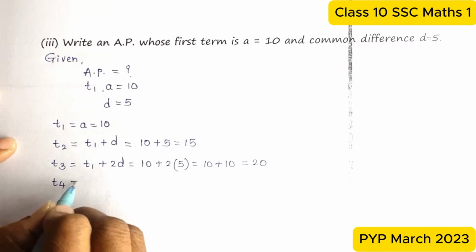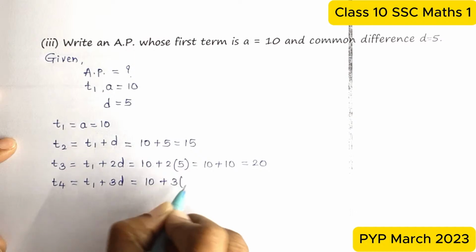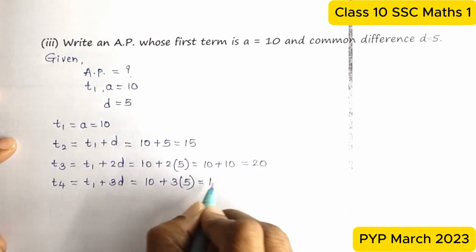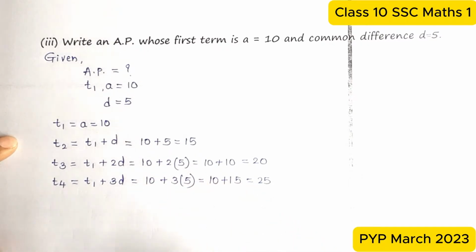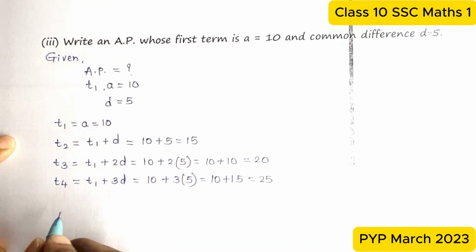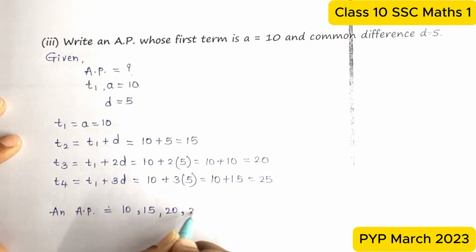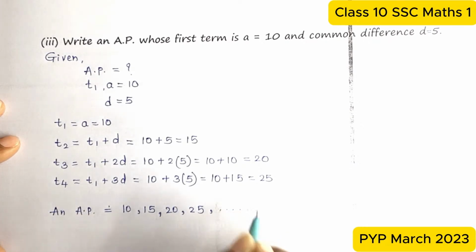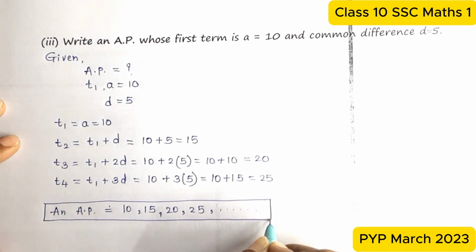Then here T4 is equal to T1 plus 3d. 10 plus 3 multiply 5 is equal to 10 plus 15, which is equal to 25. So now here enough students, these are the values. So now we say that an AP is equal to 10, 15, 20, 25. Okay, this is the AP, and you write the comma dot dot. Okay, so this is our final answer.